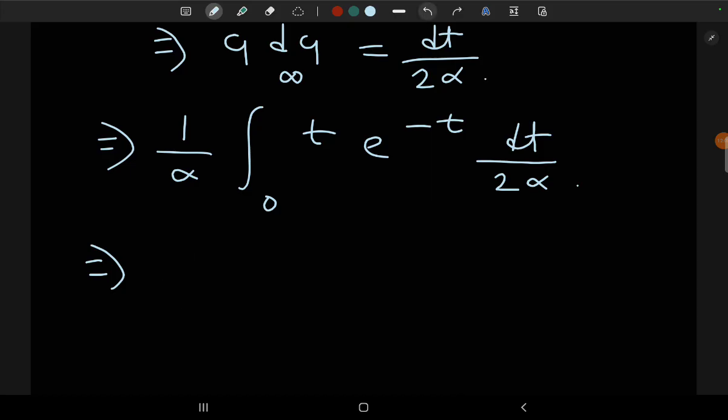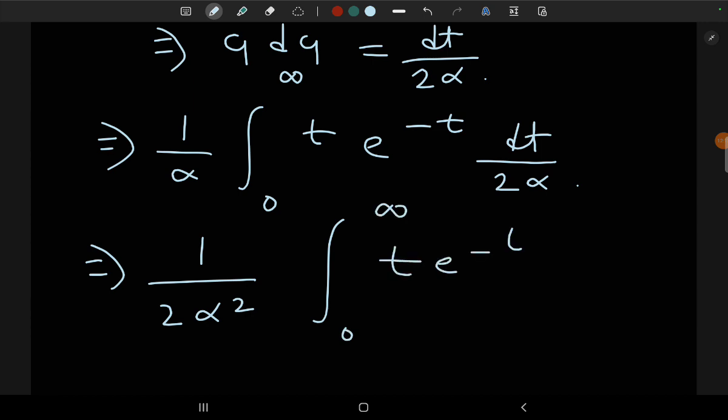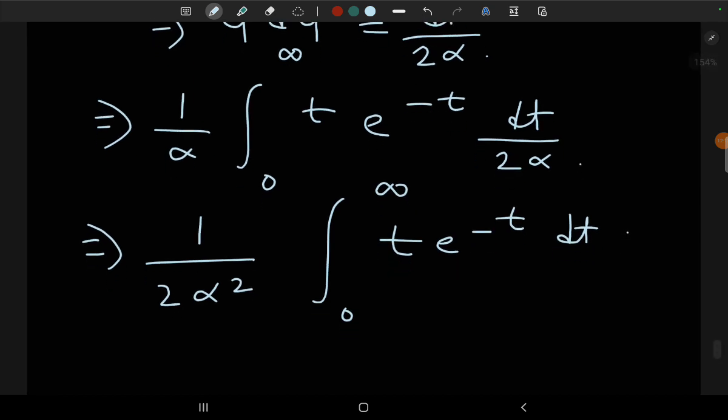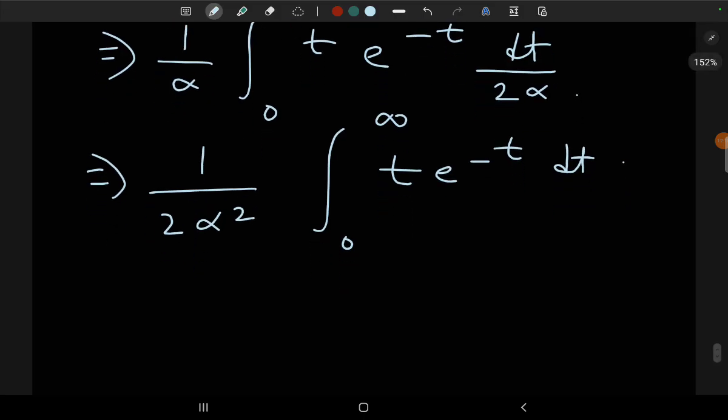So this should be the thing that we get. But the problem here is this integration can be done by a simple integration by parts, but there would be a problem.